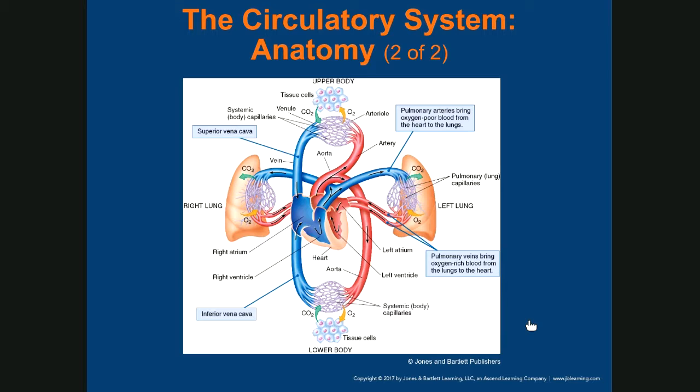So let's see if you understand anything that I just went through. Listen carefully to the question. It is a circulation question. The right ventricle is responsible for receiving deoxygenated blood and pumping that deoxygenated blood via the pulmonary arteries to the lungs.